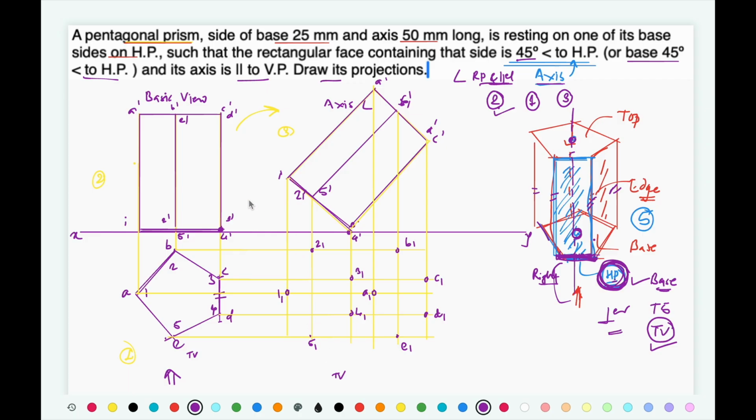Whereas in front view those two are having exactly same dimensions, so the nomenclature of the first front view we have taken same nomenclature for the second front view also.